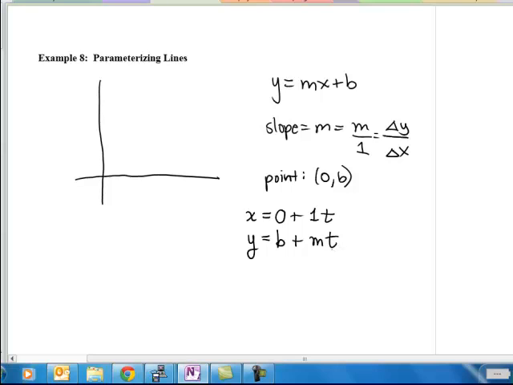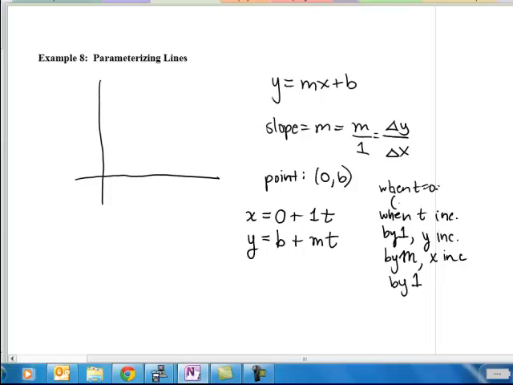So what we can see here is each time t increases by 1, y will increase by m and x will increase by 1. So the ratio of change in y to change in x is m over 1. And also, when t equals 0, we get the point 0, b, which we know is supposed to be a point on there.